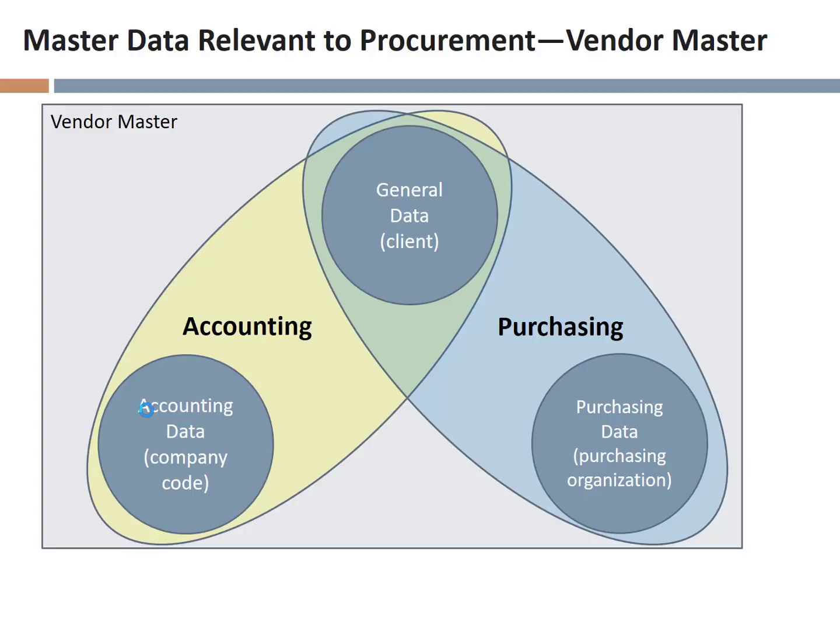Purchasing is going to be focused on what particular products we bought, the quantities of them, and other things of that sort. That is going to differ based on purchasing organization. So one company code could have, and likely would have, multiple purchasing organizations, but each of those purchasing organizations would maintain their own purchasing data as it relates to information with a particular vendor.